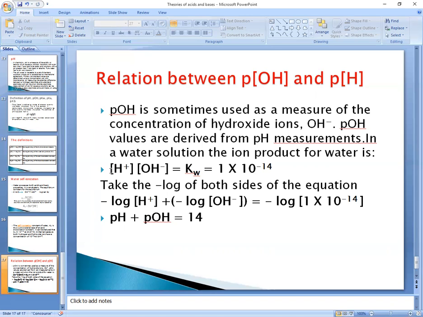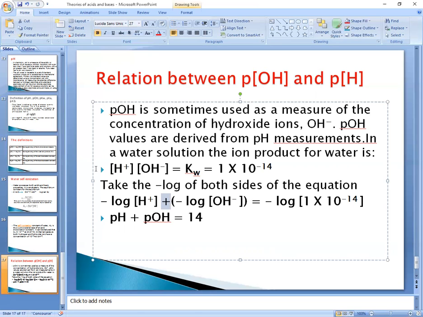So negative log of hydrogen ion concentration, according to logarithmic rules, since it is a product, will become plus negative log of hydroxide ion concentration, and similarly we take negative log of Kw as well.